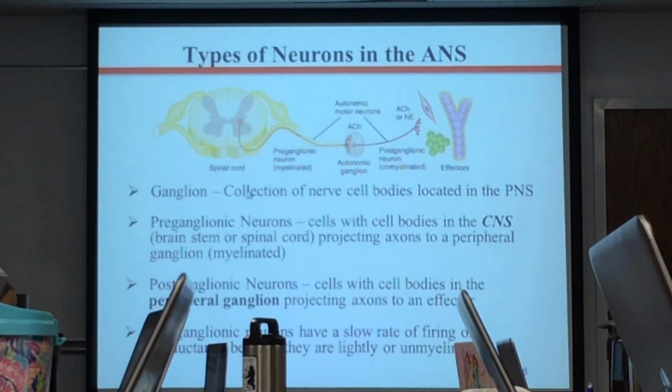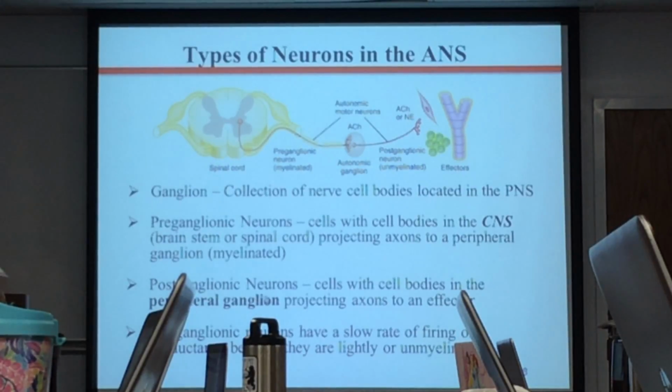The preganglionic neuron originates from the spinal cord and projects to this ganglion.